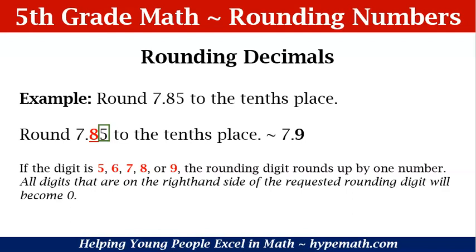When we look to the right-hand side, we see that beside that 8, there is a 5. We know with the rounding rules that if the digit is a 5, 6, 7, 8, or 9, the rounding digit rounds up by one number and all of the other numbers to the right-hand side become 0 or they just drop off. So 7.85 rounded to the 10th place becomes 7.9.